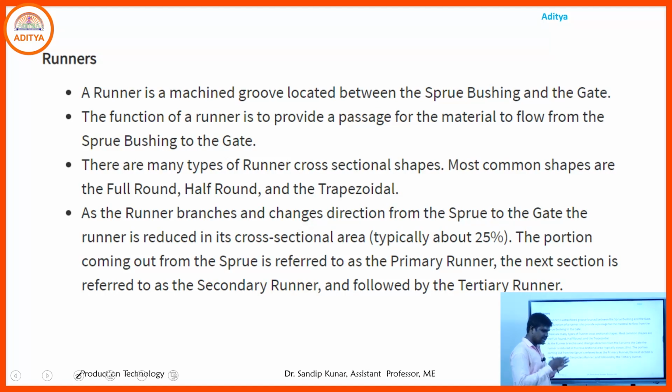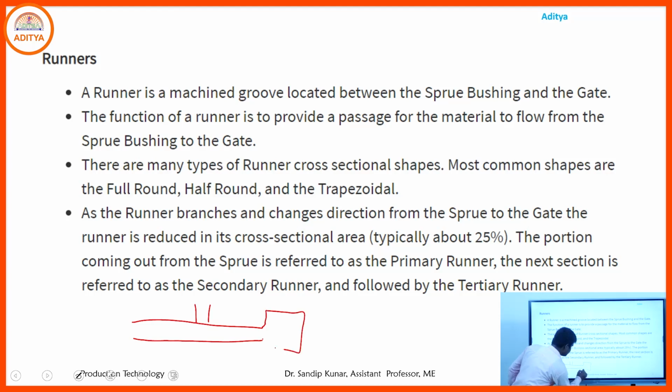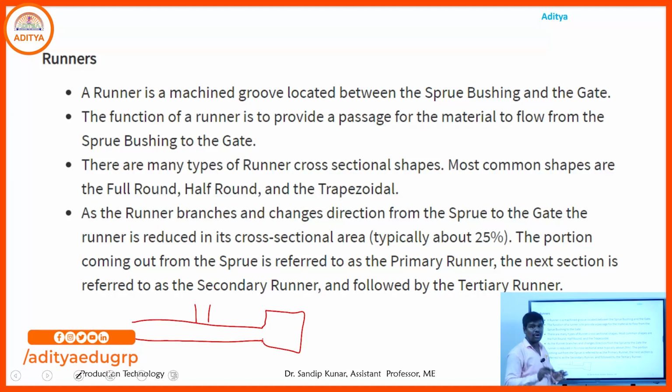If we provide any right angles or sudden changes in direction in the runner, which is the horizontal channel ending at the entrance of the gate, the flow of the liquid metal will be obstructed.